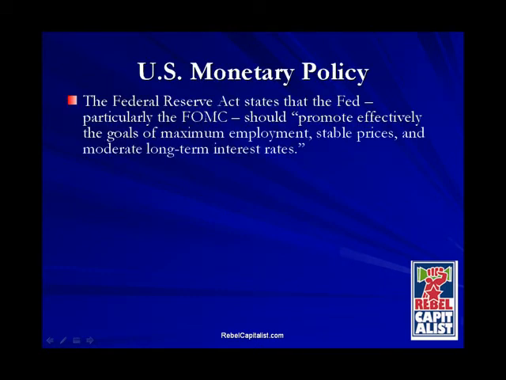The Federal Reserve Act states that the Fed, particularly the FOMC, should promote effectively the goals of maximum employment, stable prices, and moderate long-term interest rates. So, and this is law, this is in the Federal Reserve Act, they are tasked with maintaining a good economy.